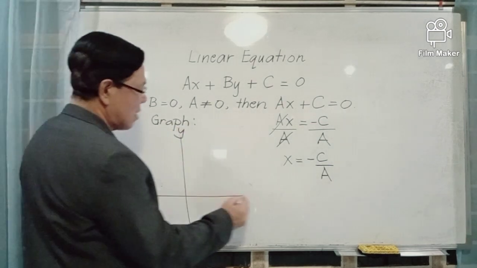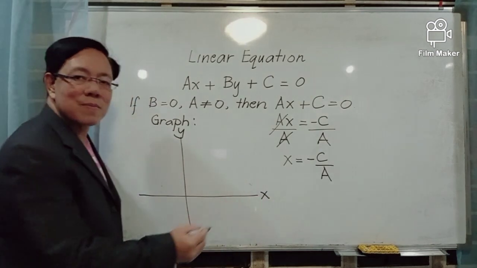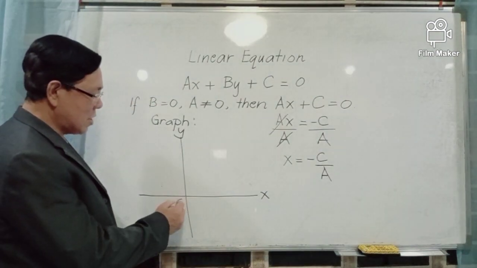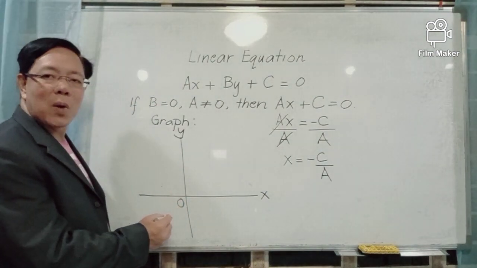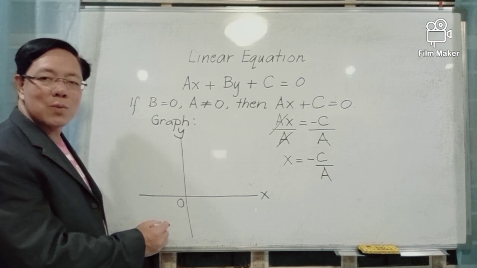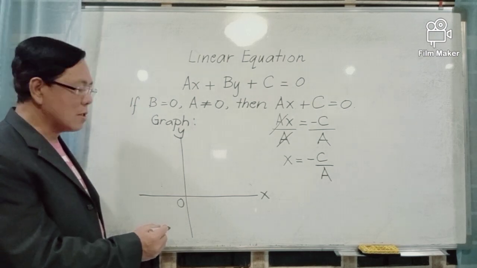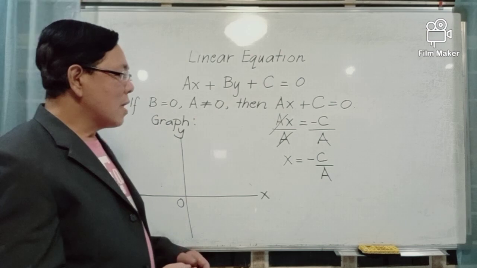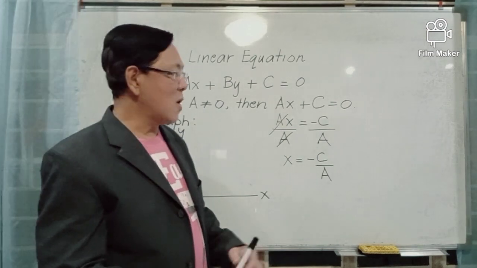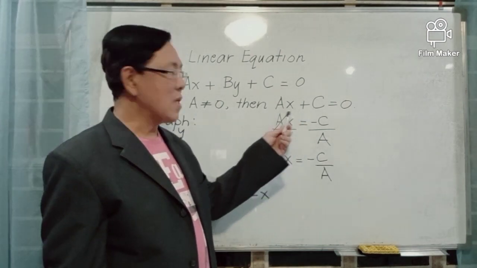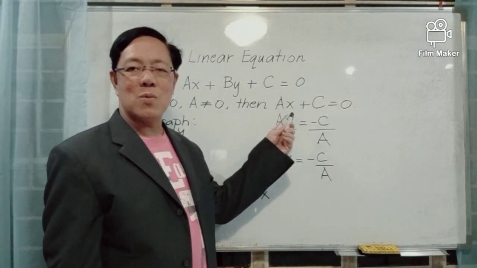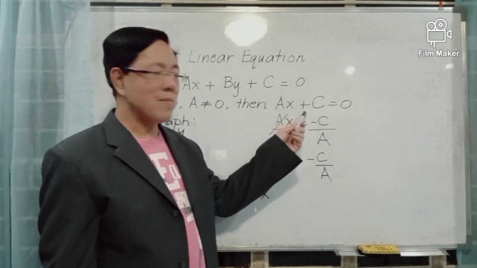The horizontal axis is the x-axis. At the intersection of the two axes is the point 0, known as the origin, with coordinates 0, 0. And now we assume that the constant term in this linear equation in one variable x is negative.